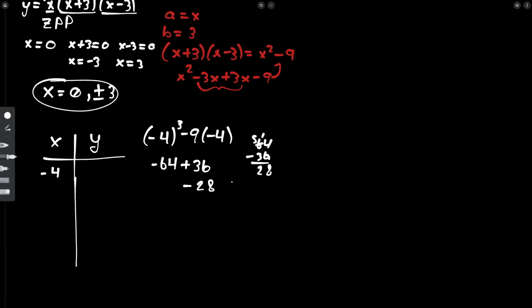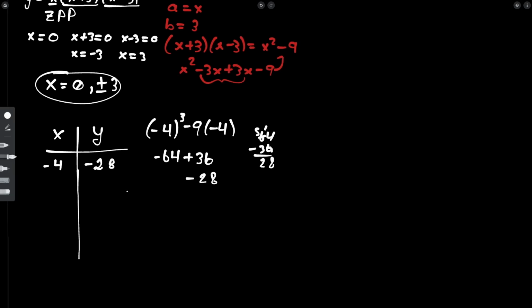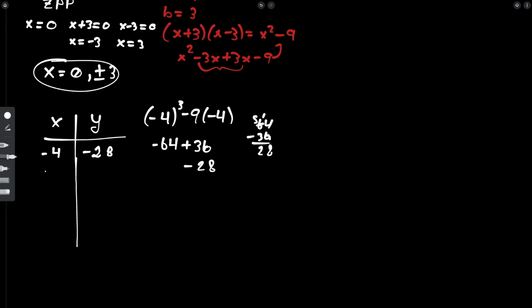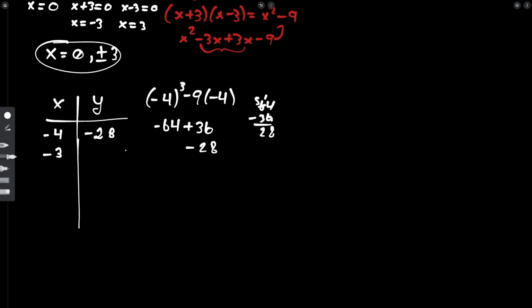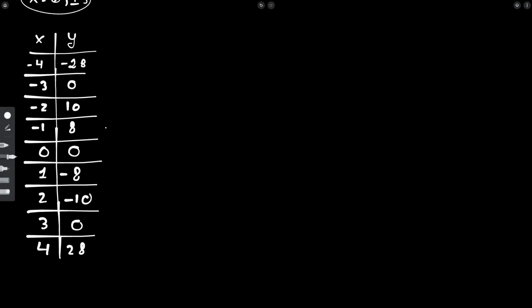Let me double check that real fast. Yes, so we have -28. That's going to be far too big to graph, but it's good to know. I'll continue with the rest of these values, and I'll cut back when I'm all done. Okay, I have created the table, and now to create that graph.